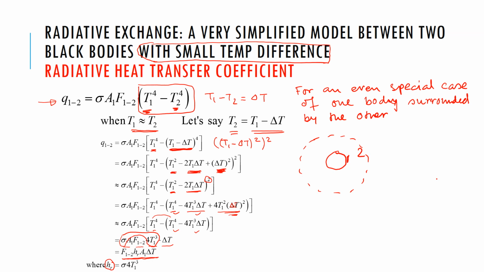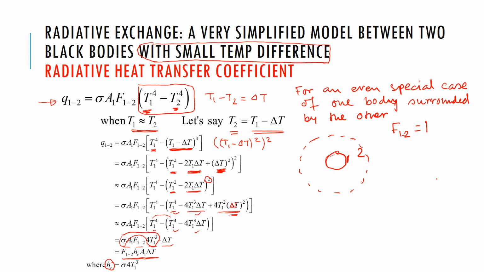For this, F1 to 2 is 1 because all the radiation from 1 is intercepted by 2. So the example would be a small thing surrounded by another surface or surfaces of the same temperature, something like that. It's an approximation.